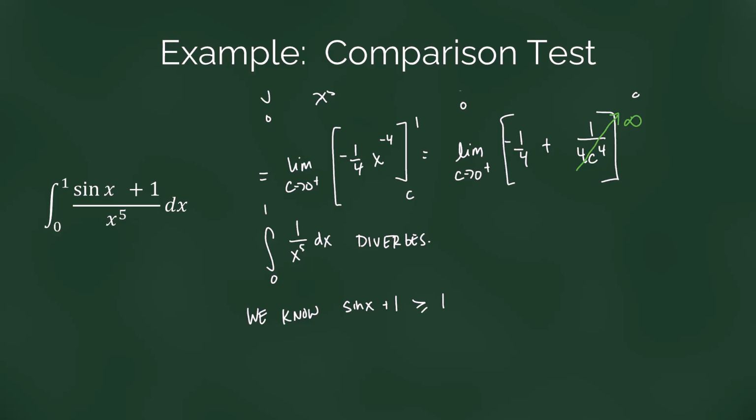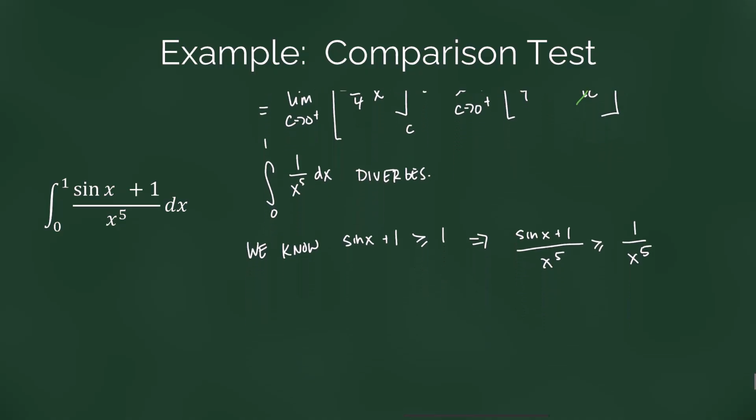Since 1 is smaller than pi over 2, sine x is residing, thinking about it in terms of the unit circle, in the first quadrant where sine is positive. So sine x plus 1 is bigger than or equal to 1, which then tells us that sine x plus 1 divided by x to the fifth, because again we're dealing with all positive numbers here, must be greater than or equal to 1 over x to the fifth.